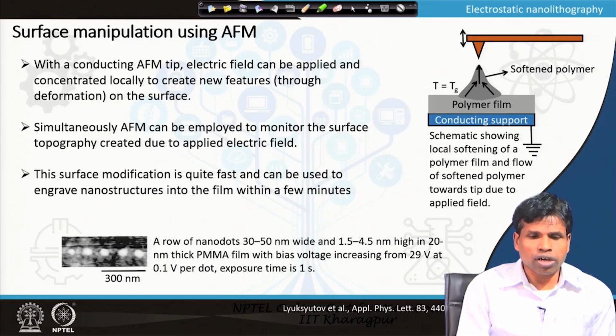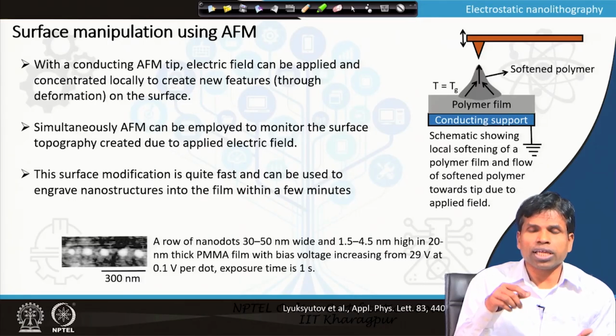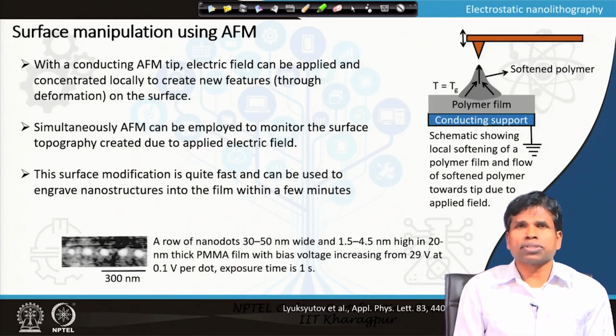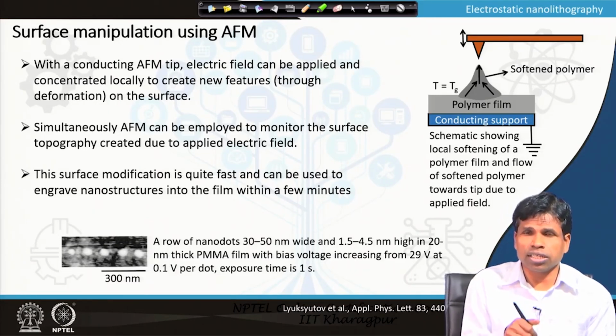Here using a conductive tip, we can concentrate the electric field in a particular region of the sample. For example, here it is a polymer sample, let us say a soft sample, and we can apply a potential. That potential will also cause heating between the tip and sample surface at the region where the potential is concentrated.